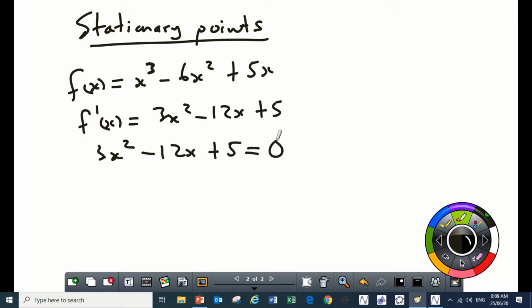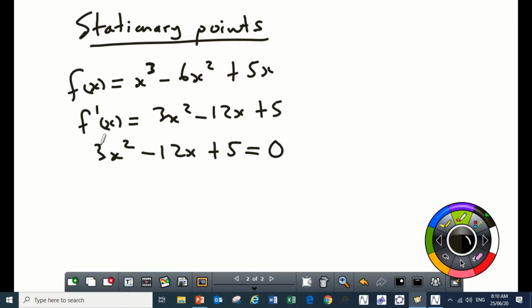Again here, you can use your calculator, or the method of completing the square, or factorization if it can be factorized, or the quadratic formula, any other method that you know of. But I suggest that in order to save time, if the question is direct about sketching the graph, there will be no marks for how you determine the x values.